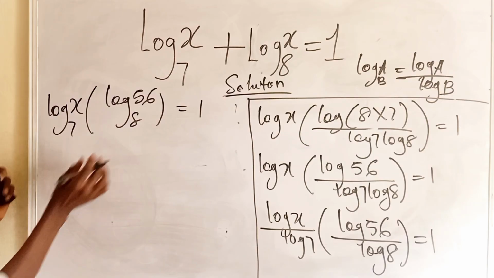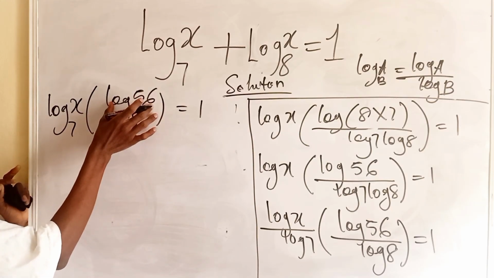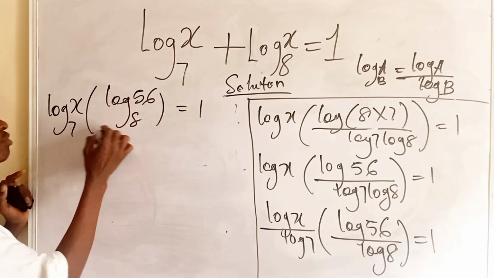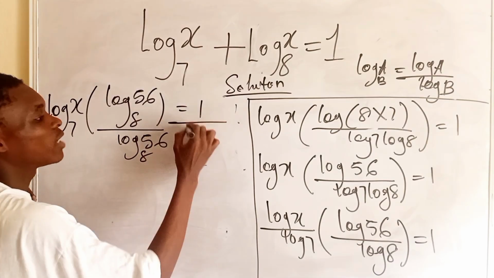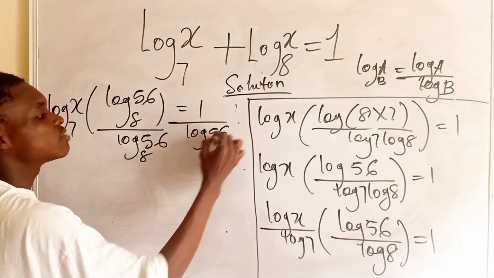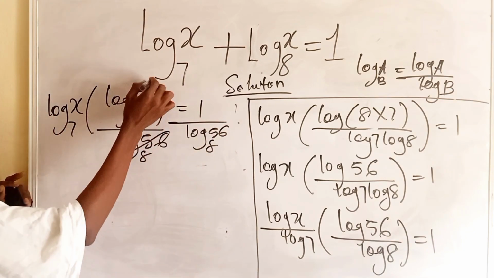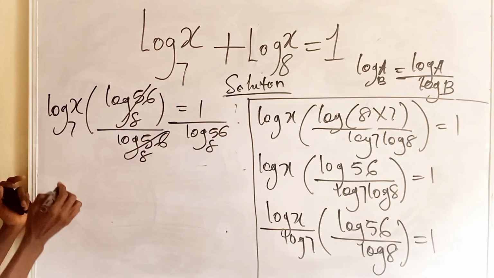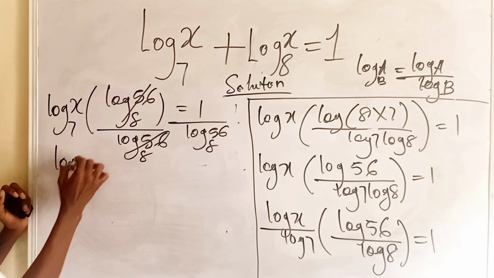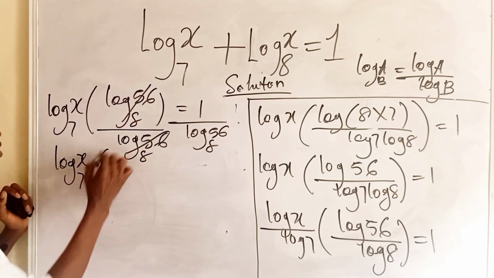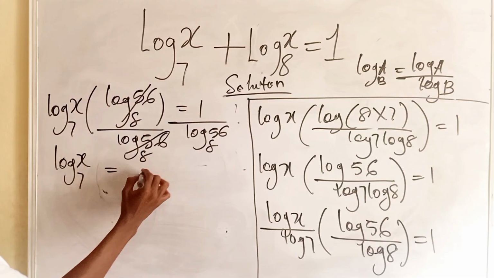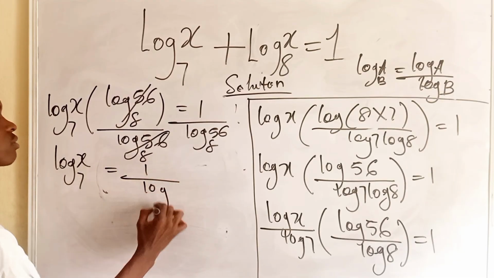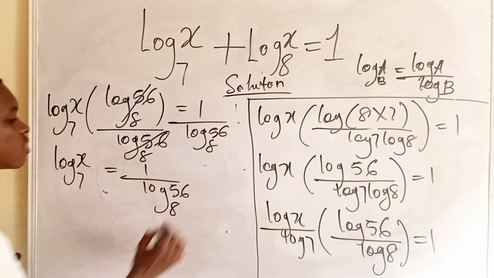So what next? Let's divide by log 56 base 8. If we divide there by log 56 base 8, log 56 base 8 cancels out log 56 base 8. I'll have log x base 7 equals 1 all over log 56 base 8.